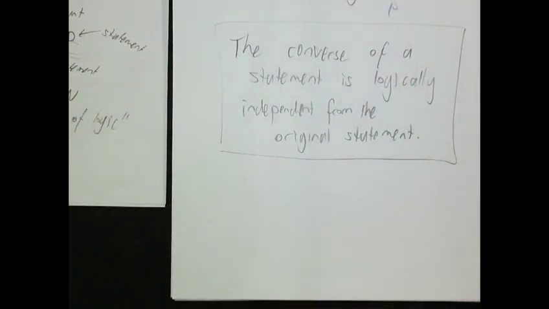So these are things that we can do to sentences. We can actually just simply negate things. An ordinary statement that does not include an implies sign can be negated. You can just stick a not in it. I really should have done this first, but anyway.